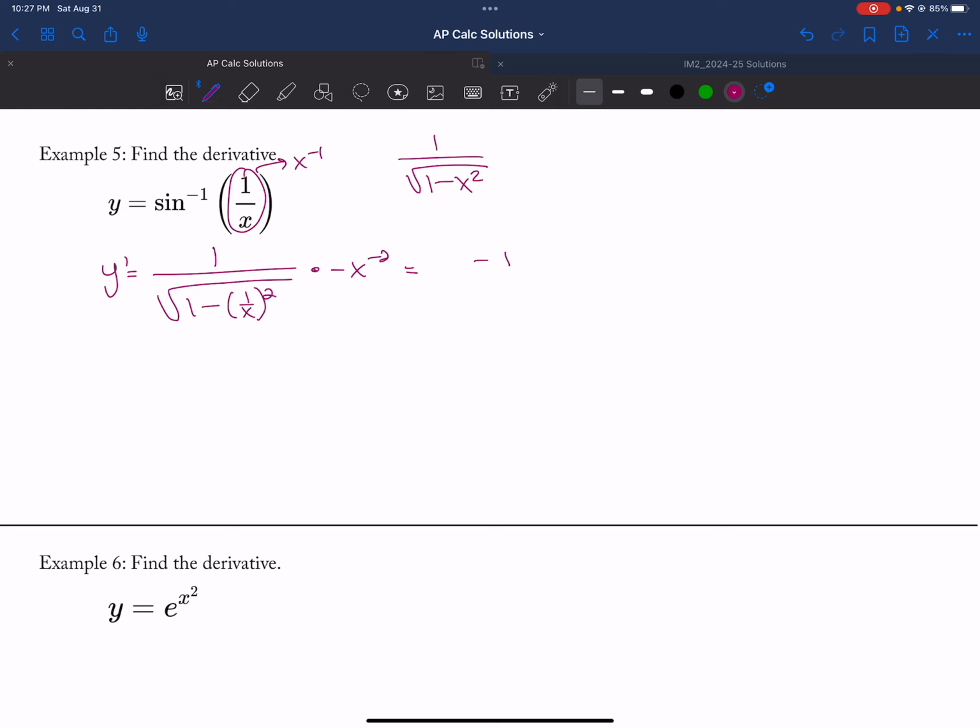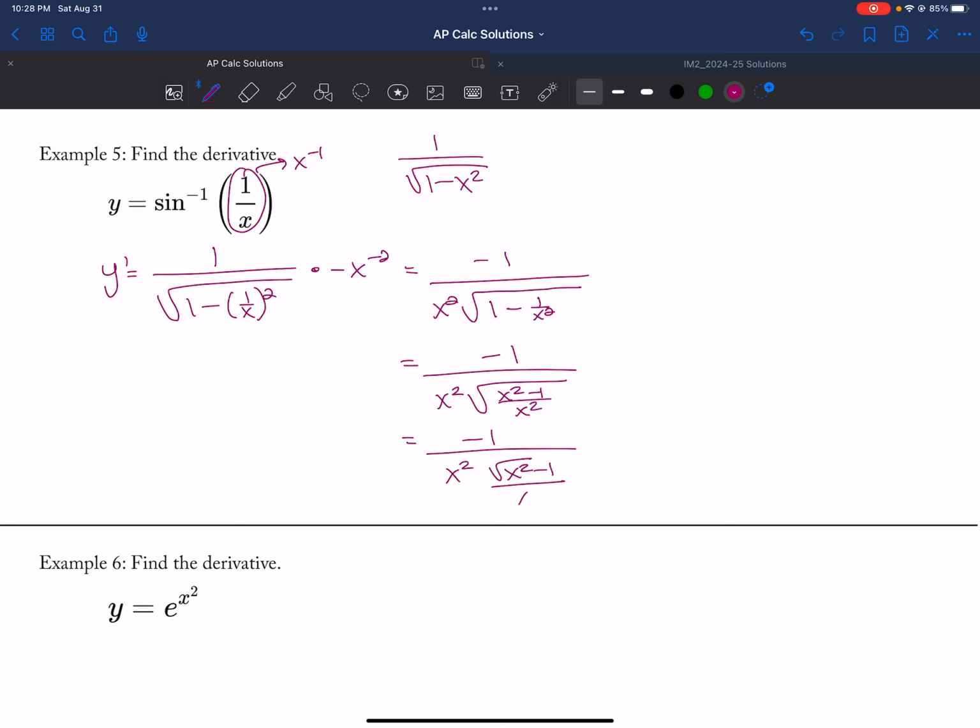So I get negative 1. I have an x squared down here, and my root is 1 minus 1 over x squared. So negative 1 over x squared, minus 1 over x squared. So now I have negative 1 over x squared root of x squared minus 1 over x.